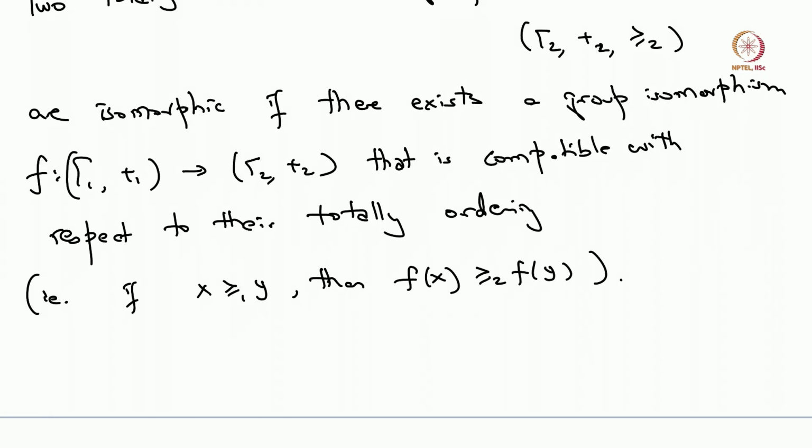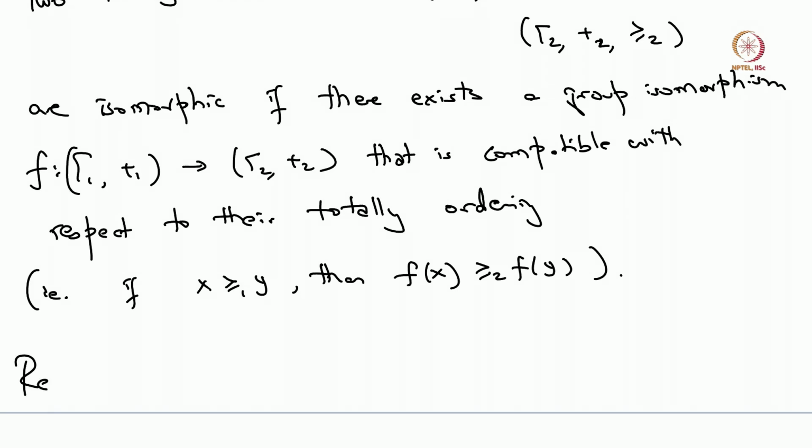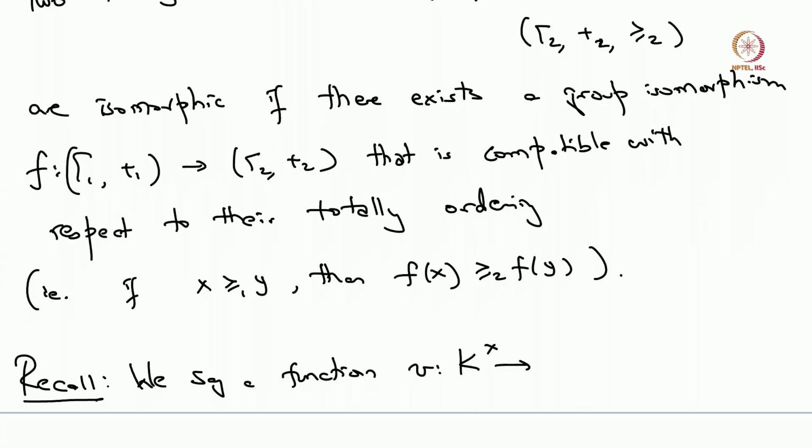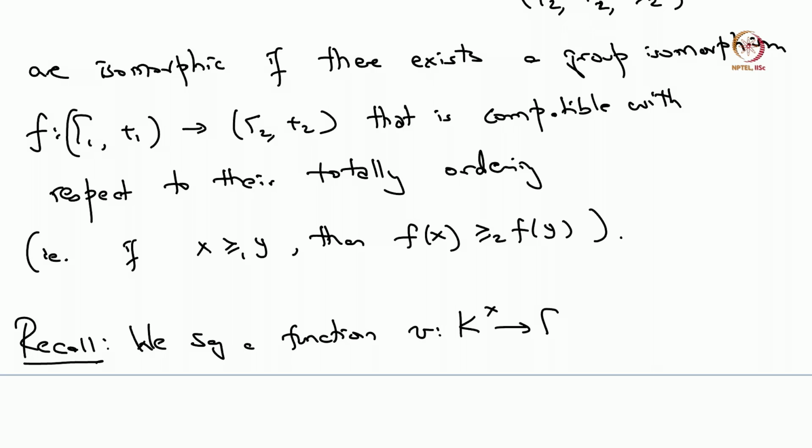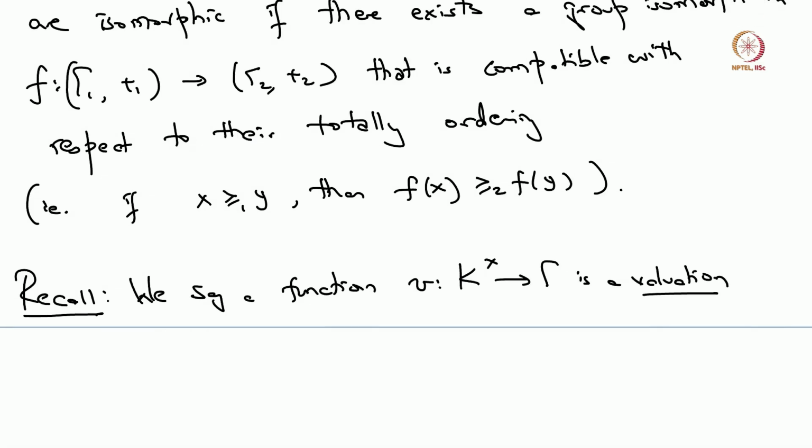Again recall we have this valuation function, a function from the multiplicative group of the field, k cross, every element in k except the 0 element, to gamma. It satisfies two properties.